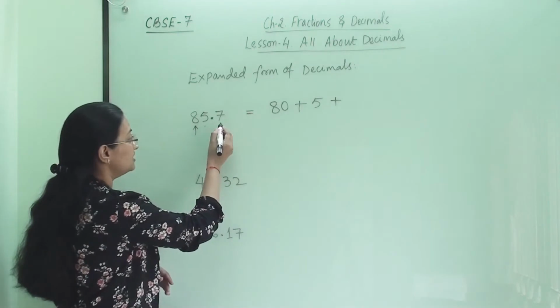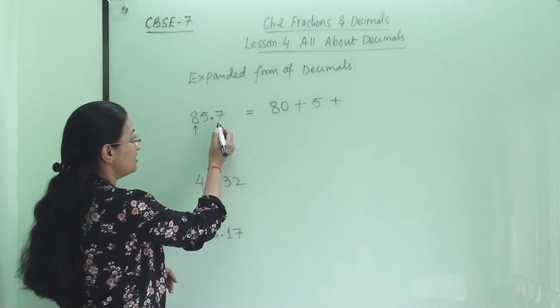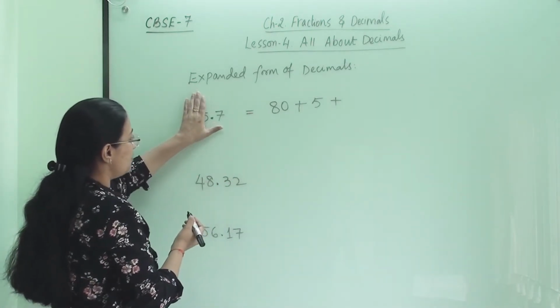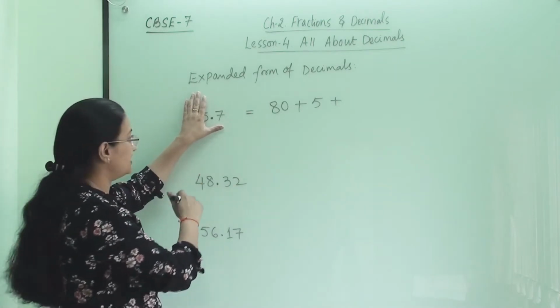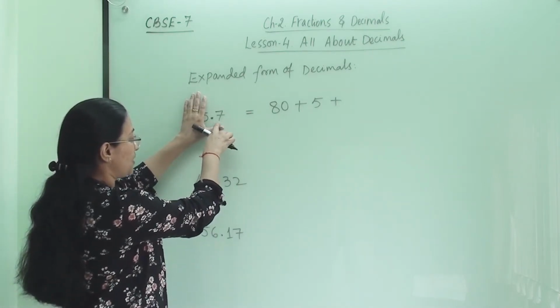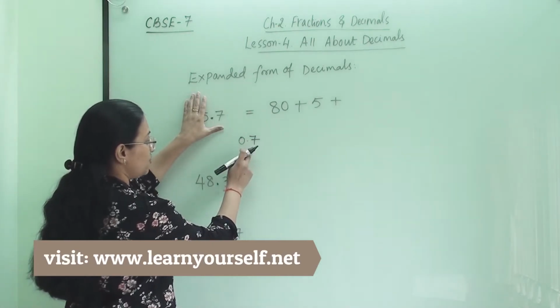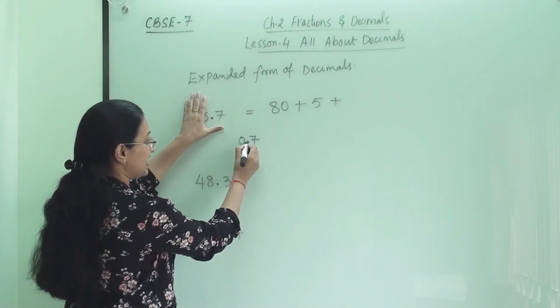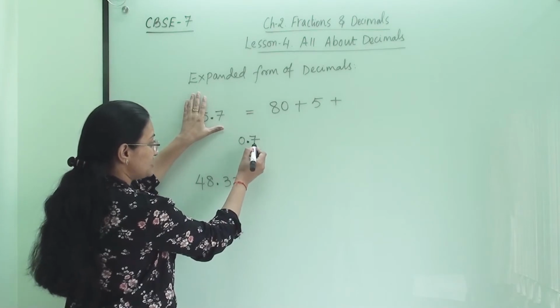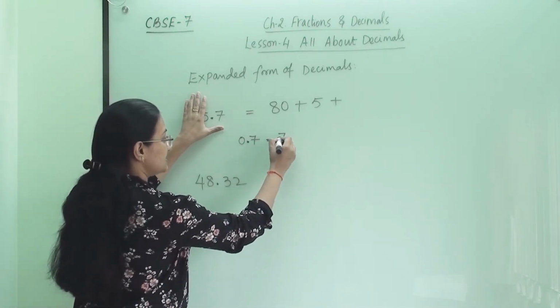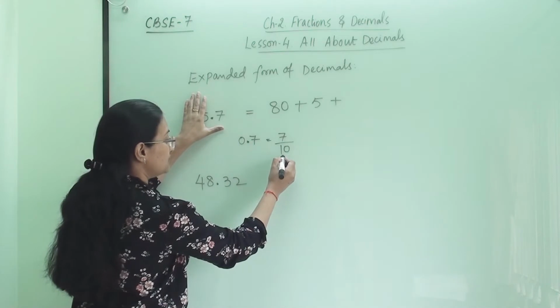Now comes the number after the decimal. If we ignore the number before it, it is 0.7. When only one number is there after the decimal, this is a fraction with 10 in the denominator.